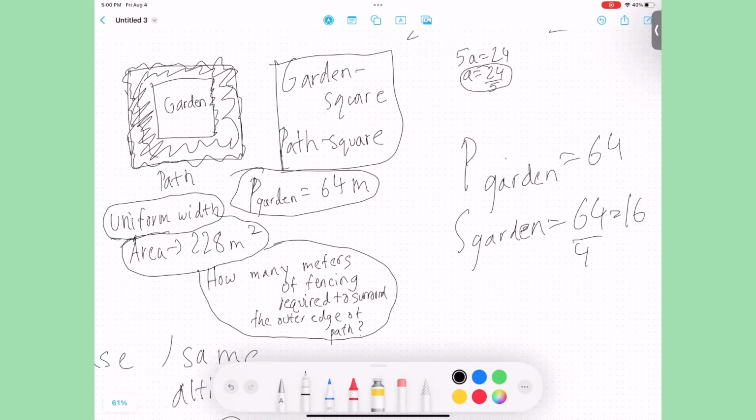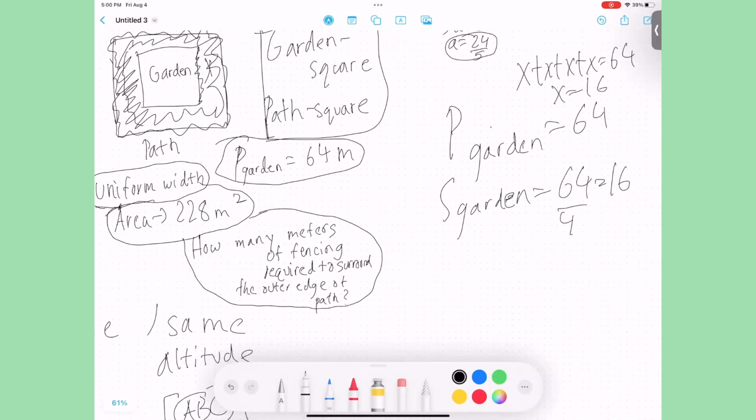Because in a square, all the side lengths are equal, and you add them all up to get 64. So if the side length is x, then x plus x plus x plus x equals 64, and it's not hard to see that x equals 16.